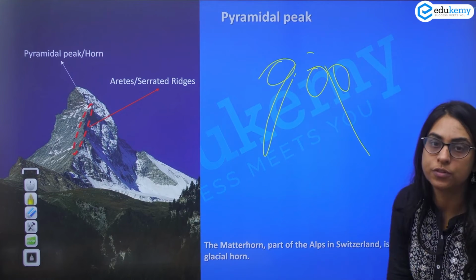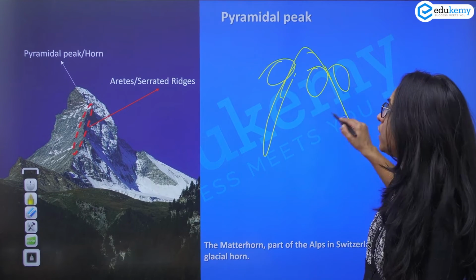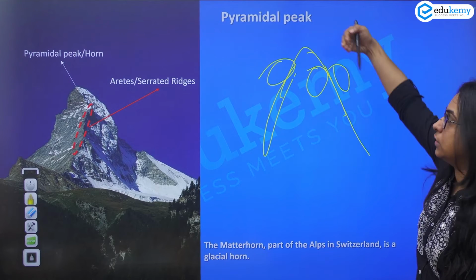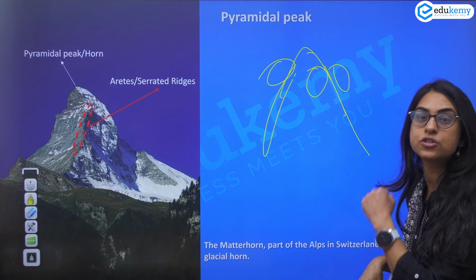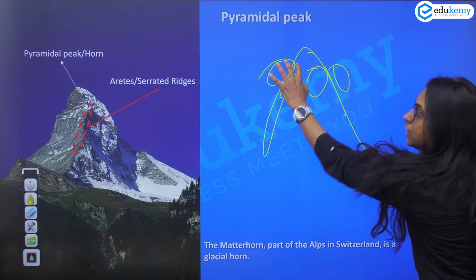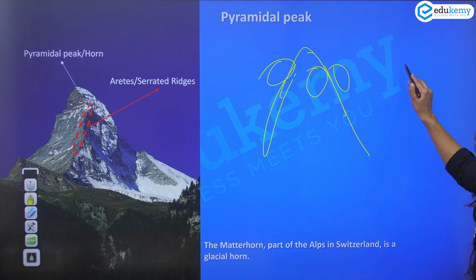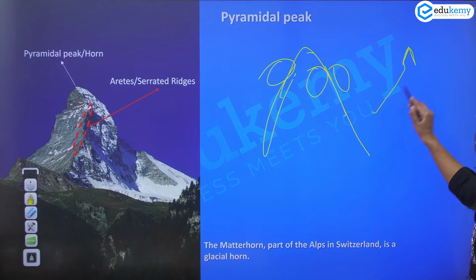As the glacier is moving from here, from here, from here, there is a depression which is created at here, at here, at here. Don't you think this peak then will stand out?